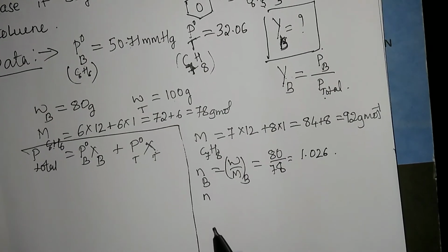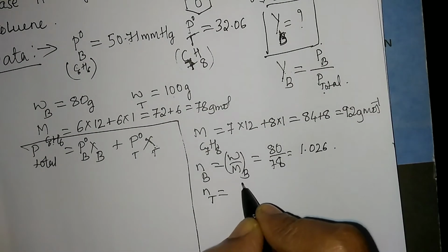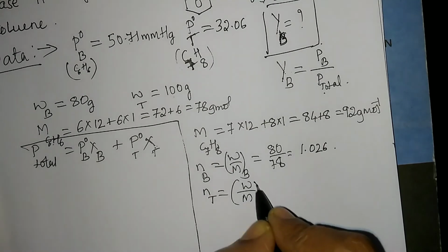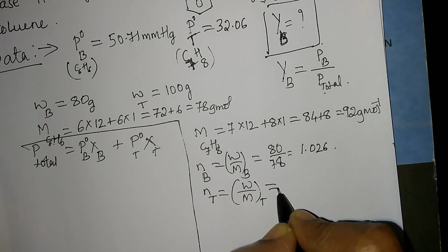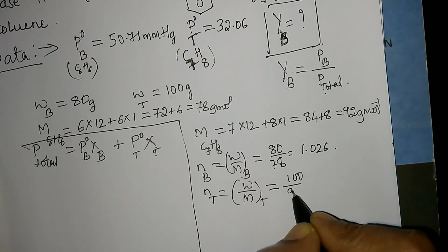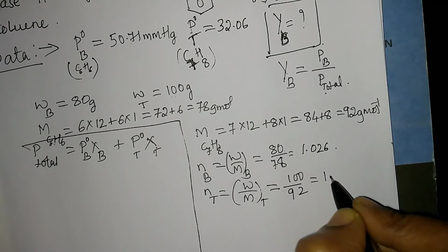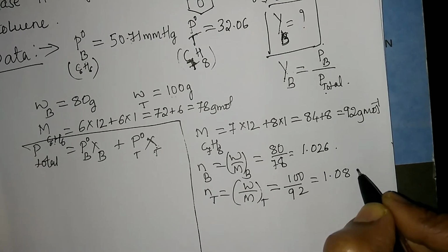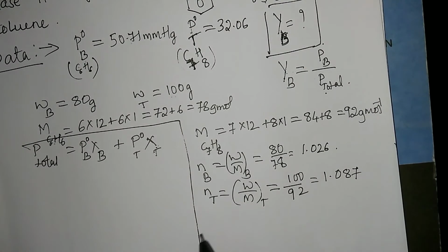Similarly, the number of moles of toluene is mass divided by molar mass of toluene, that is 100 divided by 92, which is equal to 1.087. You should pause the video and do the calculation.